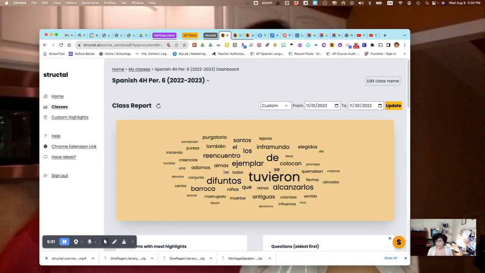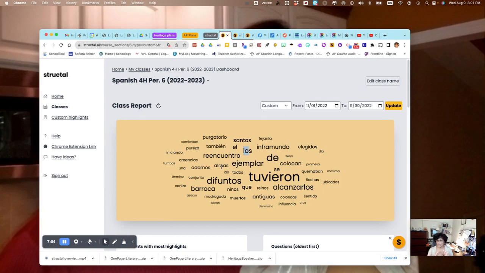We look at grammar when I start seeing that some students are still highlighting el, los, las. So then we went back and rethought that and looked at the gender number agreement between articles and nouns. So this is how I usually start a lesson or unit.